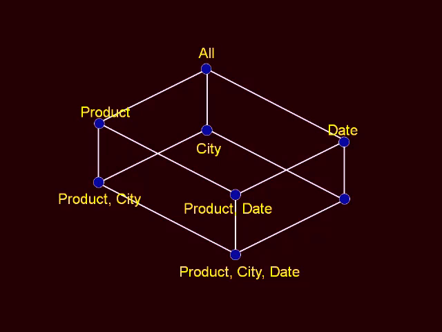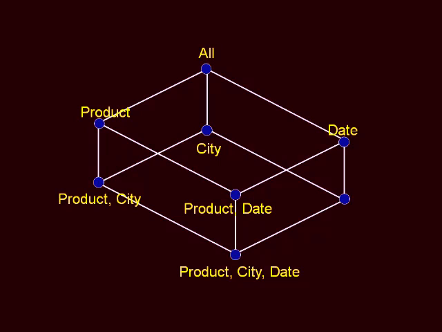by taking the property associated with the data cube. As I mentioned earlier, a data cube contains only the aggregated values over the dimensions. Suppose I take the product, city, date combinations of values and the sales, say.